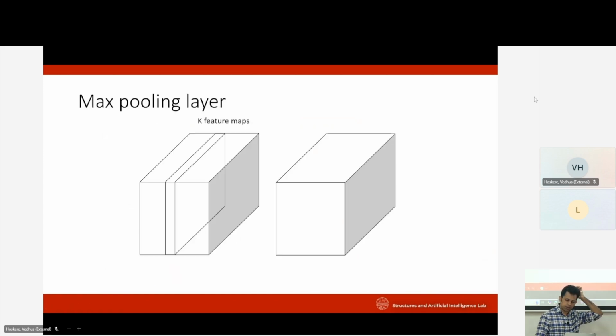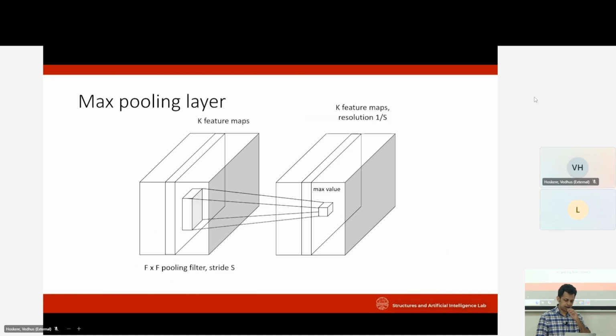I spoke to you about the max pooling layer. Here as well, for the pooling layer, you can choose the stride. So if you have a stride of 1 for the pooling, then what's going to be the size of the output? Same as the input, right? So you can still have a pooling with stride of 1 if you want, but typically you use a stride of 2 for pooling, and you get the max value, and the size of the output is going to be 1 over S, where S is your stride.